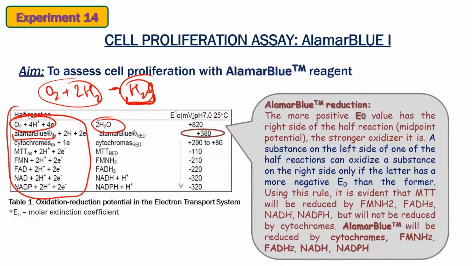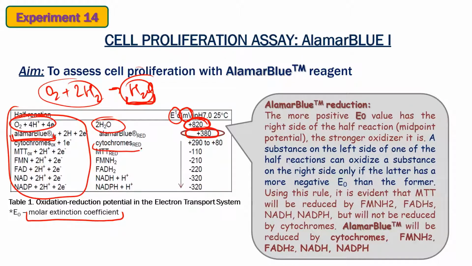Okay, so for example, for H2O, we have this E0, which is the reduction potential and is measured in millivolts, sorry. The coefficient for water is plus 800. So water will not be able to reduce our Alamar Blue because its coefficient is bigger than the coefficient of Alamar Blue.